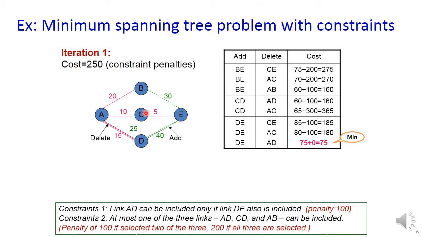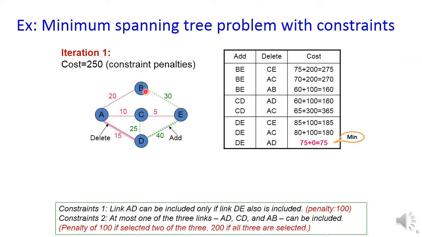So we have three choices. By adding edge BE, we can delete CE or AC or AB. These are the three resulting immediate neighbors of the original spanning tree.